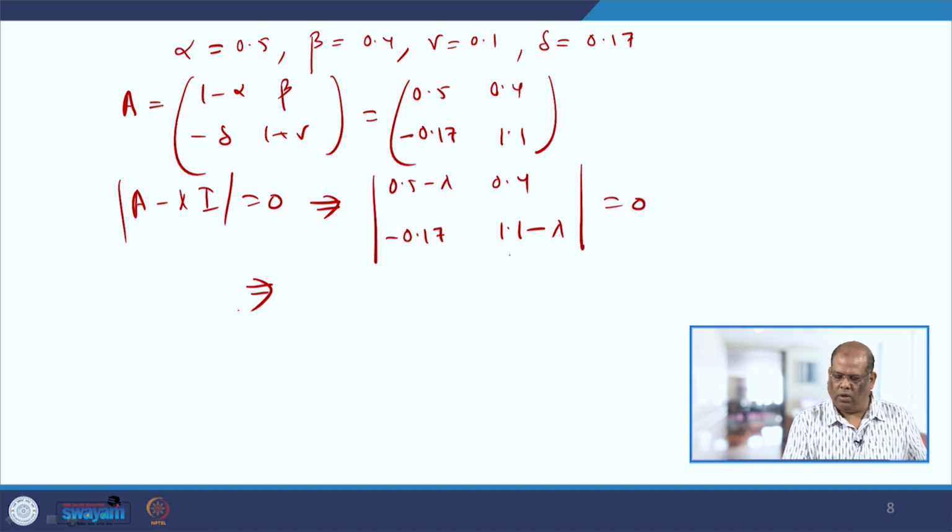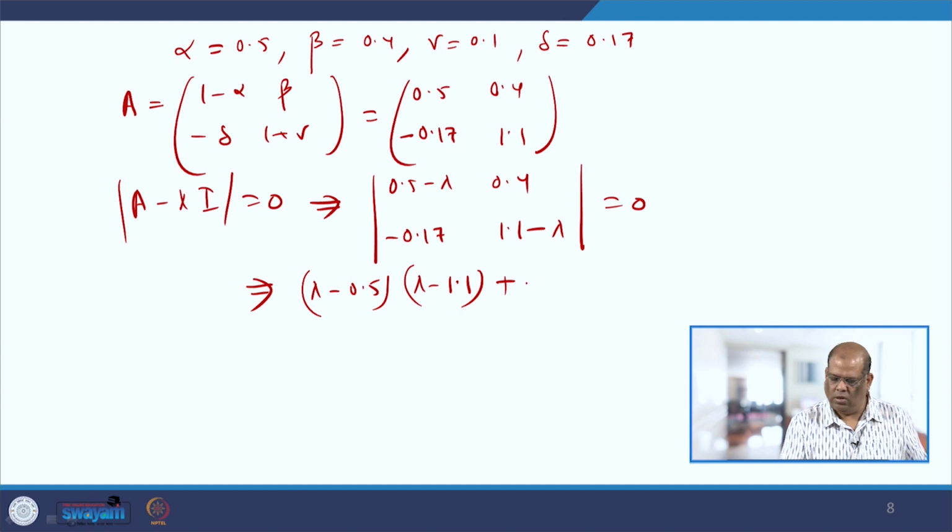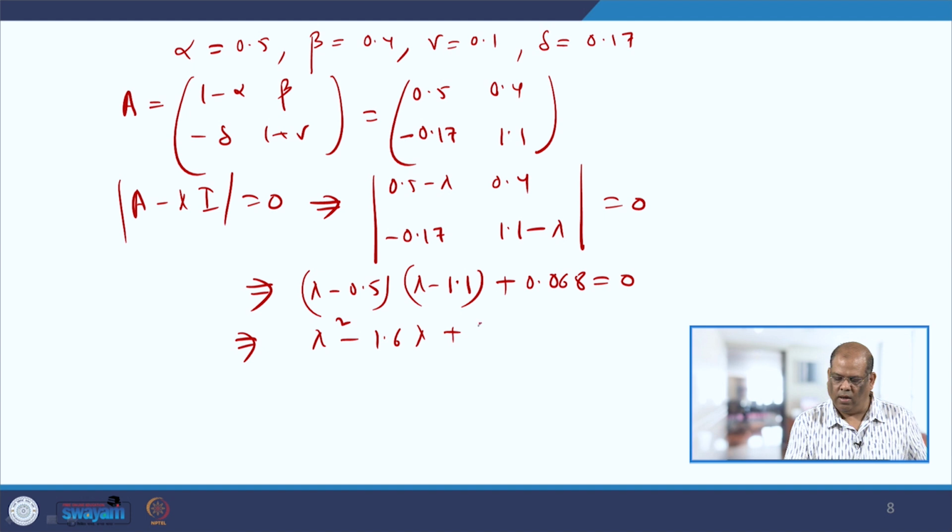So, if you solve this, you will get (lambda - 0.5)(lambda - 1.1) + 0.068 = 0. If you simplify this, you will get lambda square - 1.6 lambda + 0.618 = 0, and you can solve lambda equal to 0.948 and 0.652.